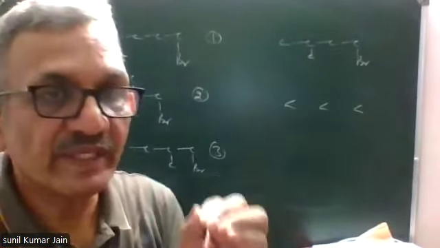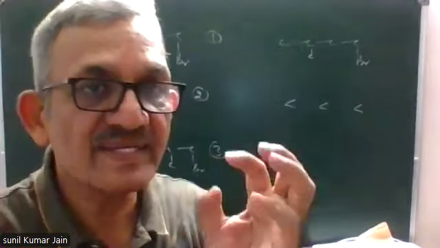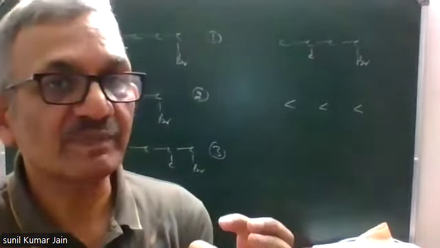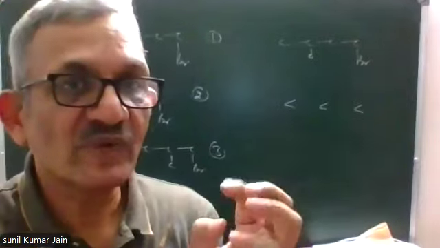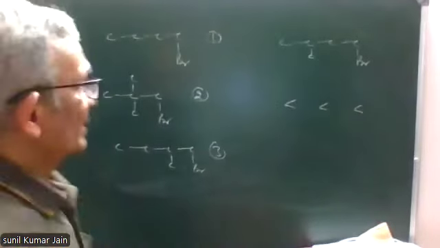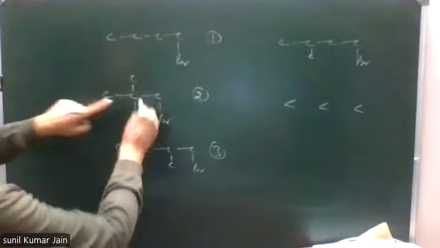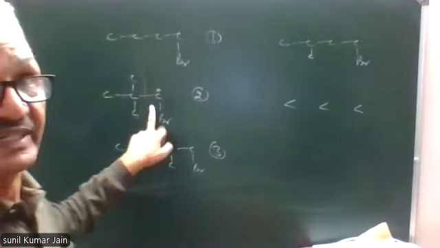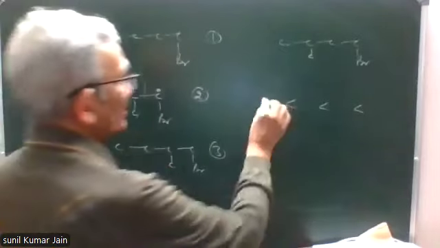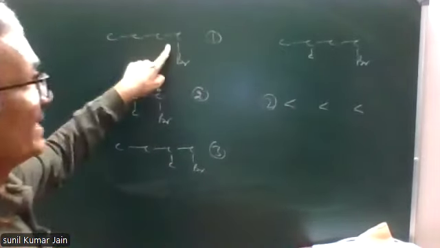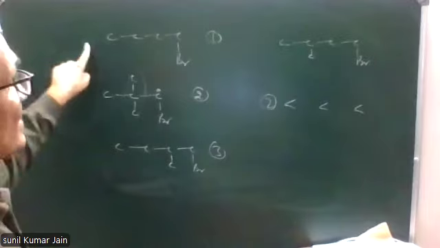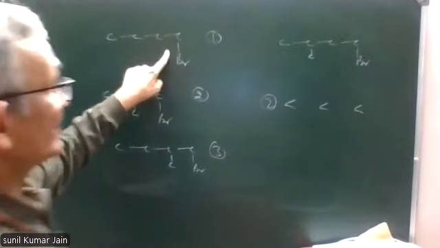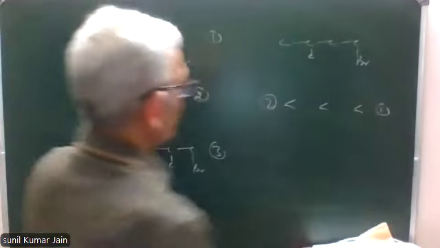Now you have to think in terms of hindrance around alpha carbon atom. Alpha carbon is the one which carries halogen. See, in this case, hindrance is maximum around alpha carbon. Therefore, reactivity will be least. This will be 2. In this case, there's no hindrance, right? Reactivity of 1 will be maximum.